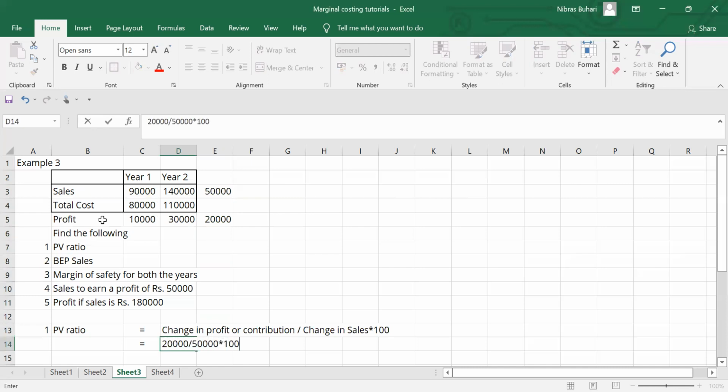Multiply it by 100. This is 50, equal to 20 divided by 50.